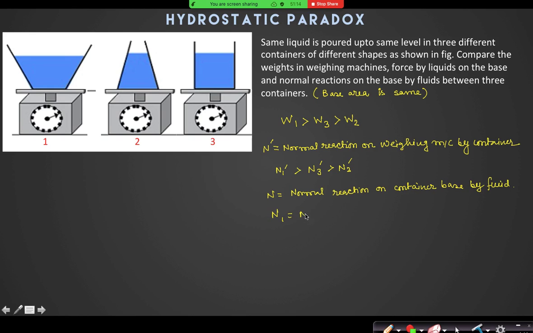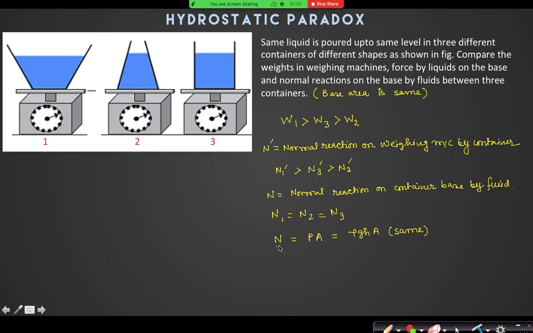N1 is equal to N2 is equal to N3. Why? Because this normal reaction is pressure multiplied by area. Yes, sir. So what is the pressure at all these points? The pressure is the same, rho g h multiplied by area. It is the same for all the liquid.